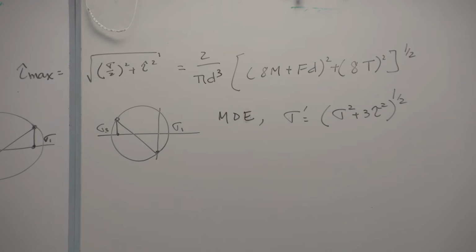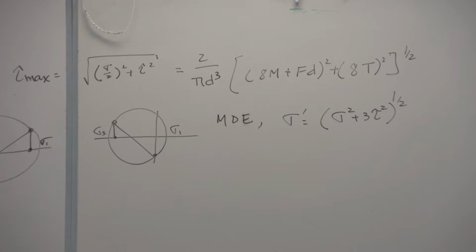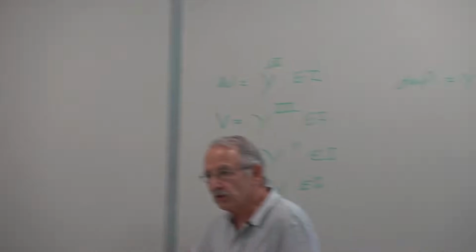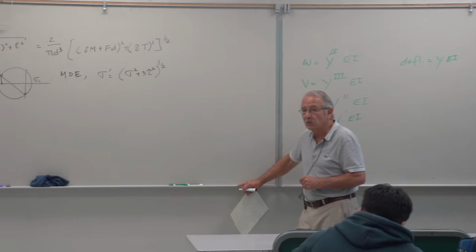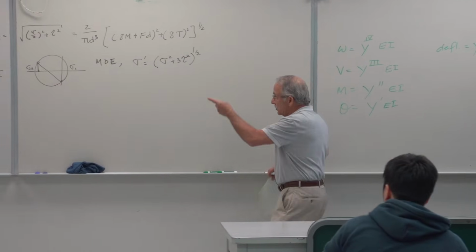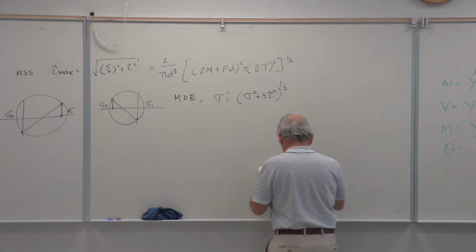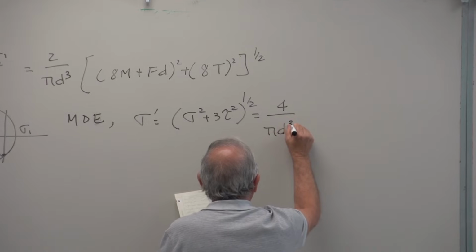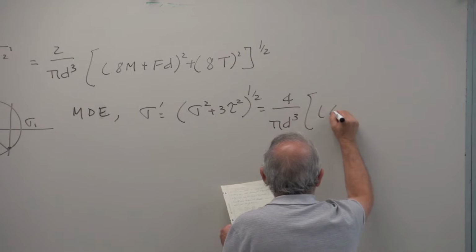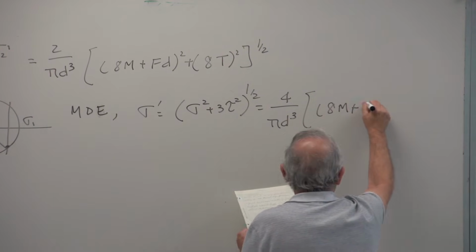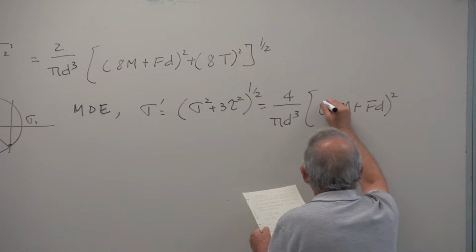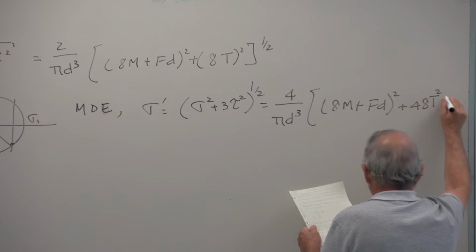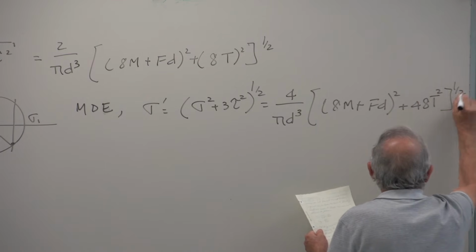Again, this is a shorthand notation of the von Mises equation, where you only have one shear stress and one normal stress, and that's what we have. Substituting those values, this is what you get: 4 over pi d cubed times (8m plus fd)^2 plus 48 t squared, to the 1/2.